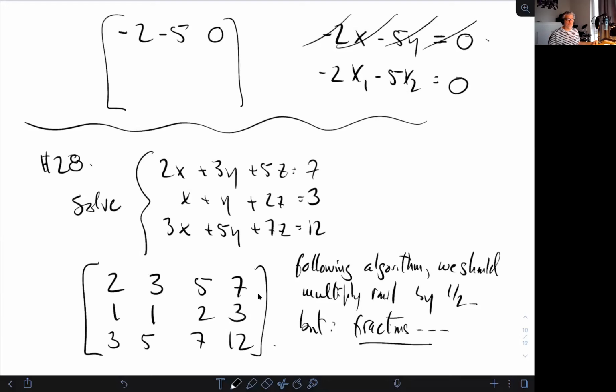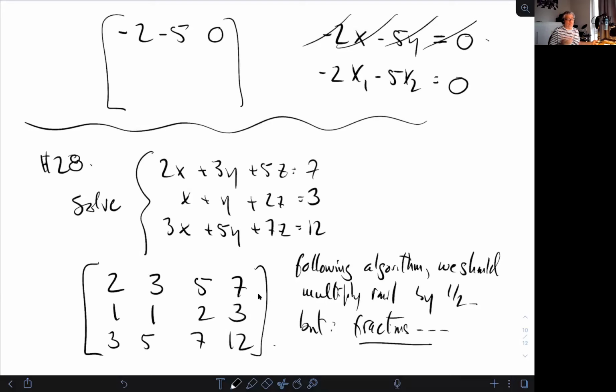Any suggestions? So I want the top left entry to be 1. The algorithm says one way to do it, which of course will work, is to multiply that row by 1/2. But I'm going to introduce fractions, which I would rather avoid at this point, because they're going to start going all over the place.